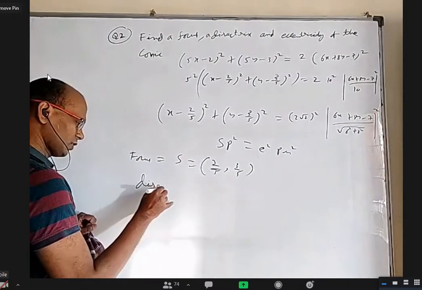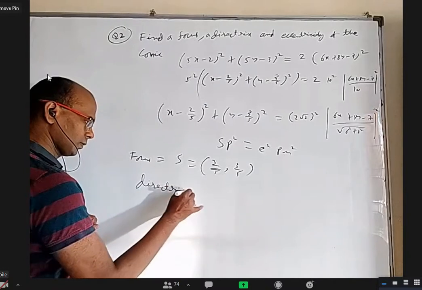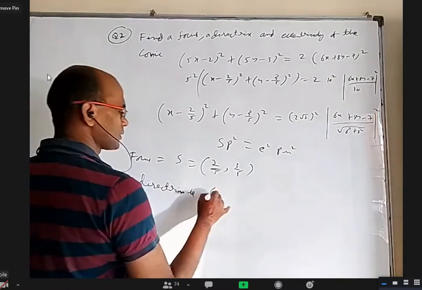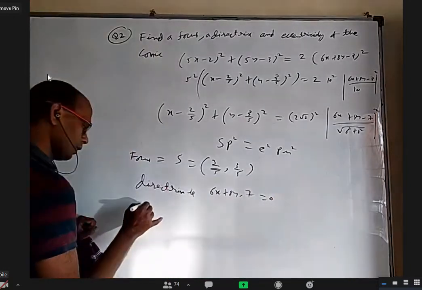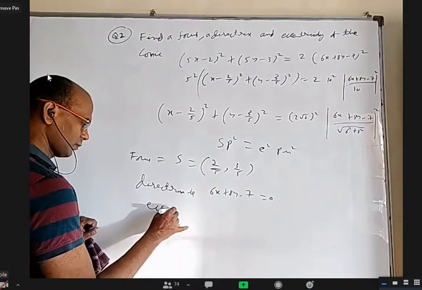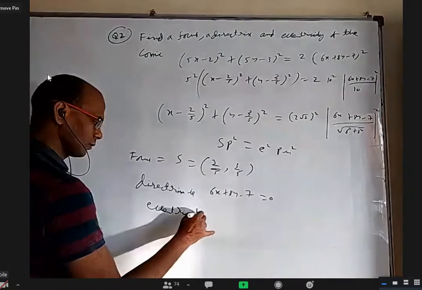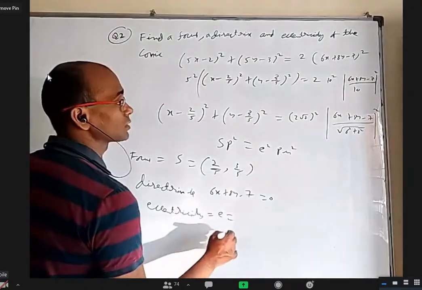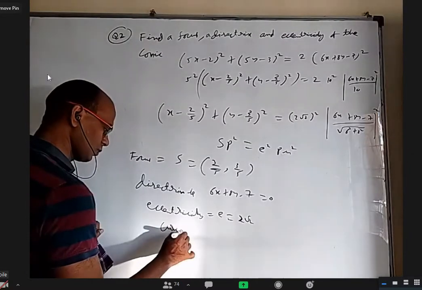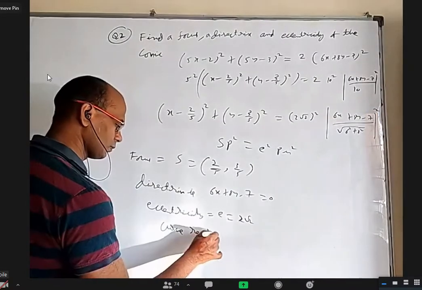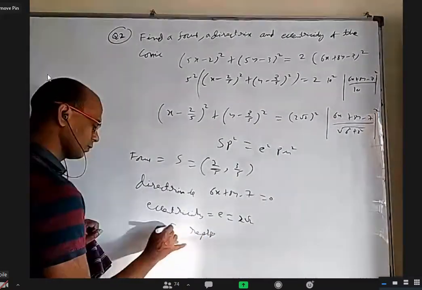And the directrix is 6x plus 8y minus 7 equal to 0. Eccentricity e is equal to 2 root 2. And the equation represents a hyperbola.